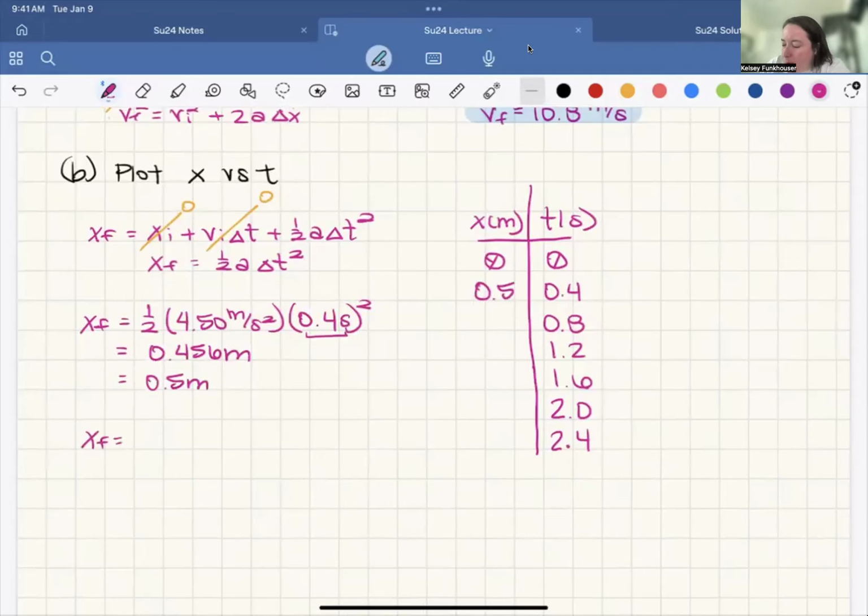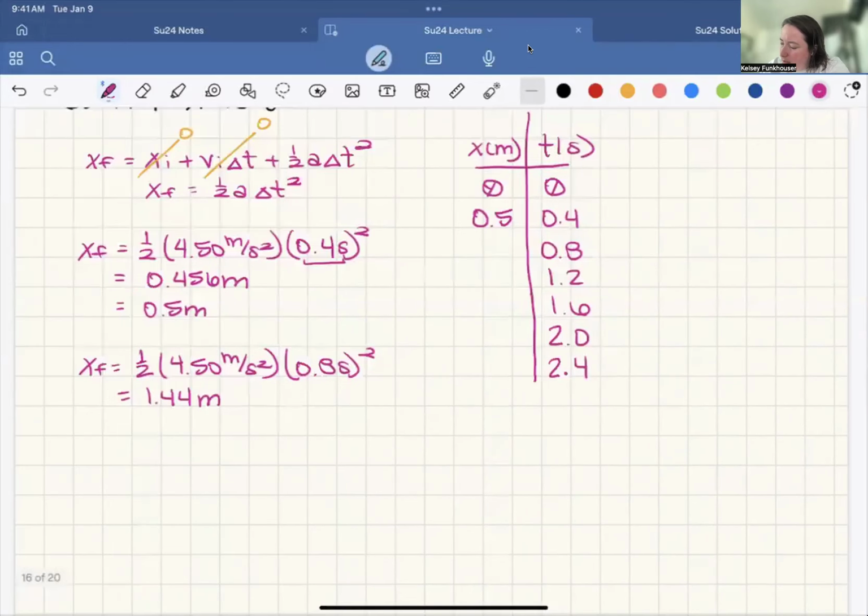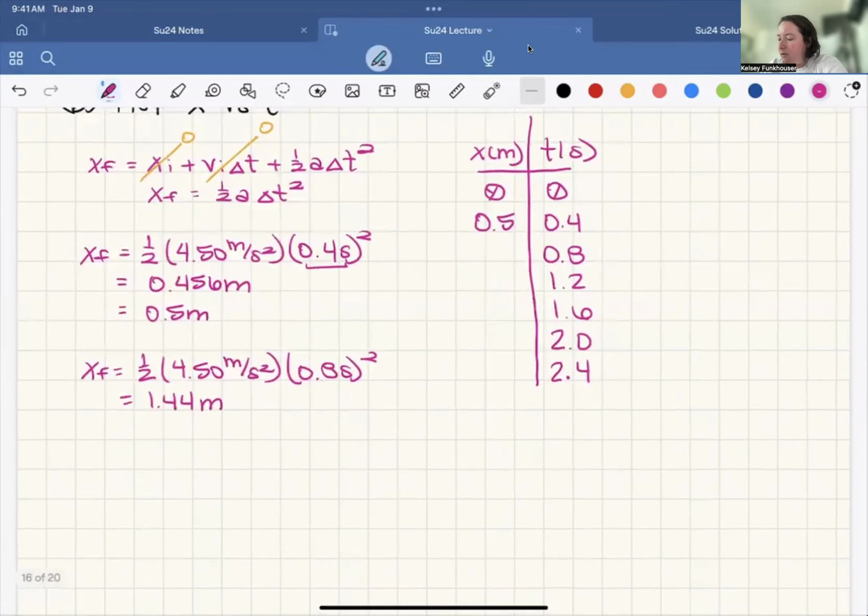Okay, let's keep going. This part gets a little repetitive. We're just going to continue this calculation for each of them. Let's see, 0.8 is next. This one gives us 1.44 meters. And actually, let me think about this. I don't want to just round it to 1 sig fig, I don't think.